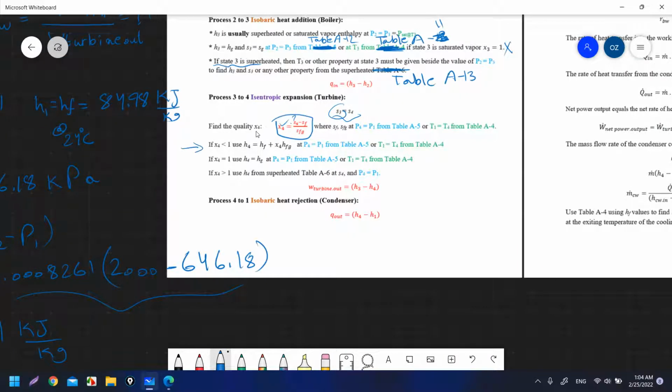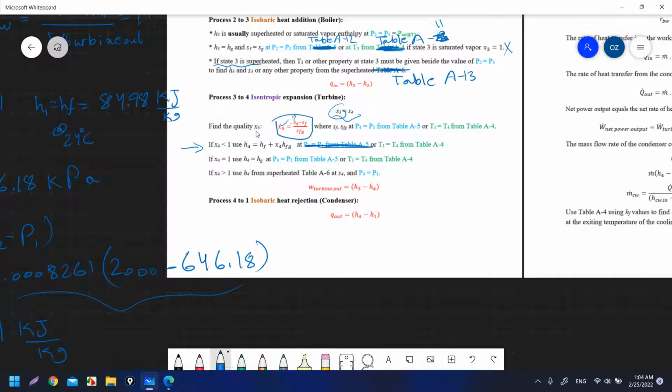I already know X4 is less than 1, it is 0.93. So I will use this equation to find H4, also where I don't have the pressure, right? I already calculated the saturation pressure, but I will not use it because we would have a lot of interpolation.